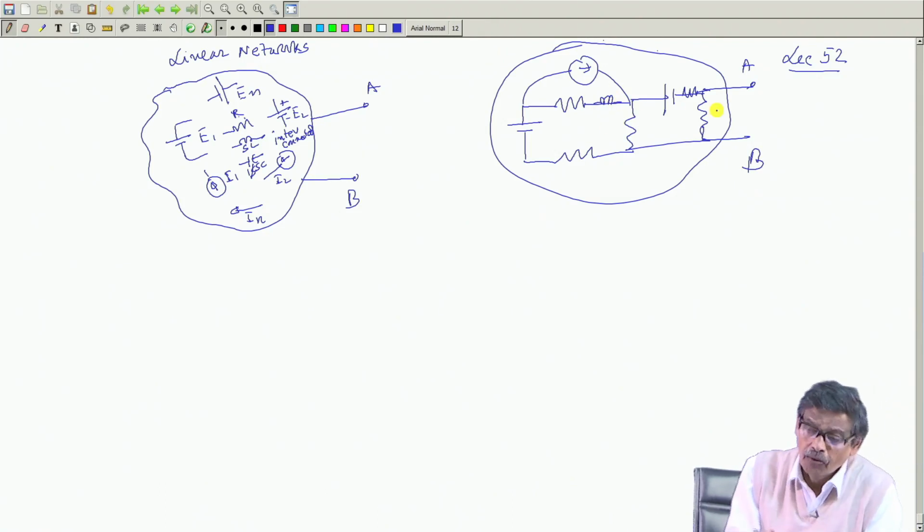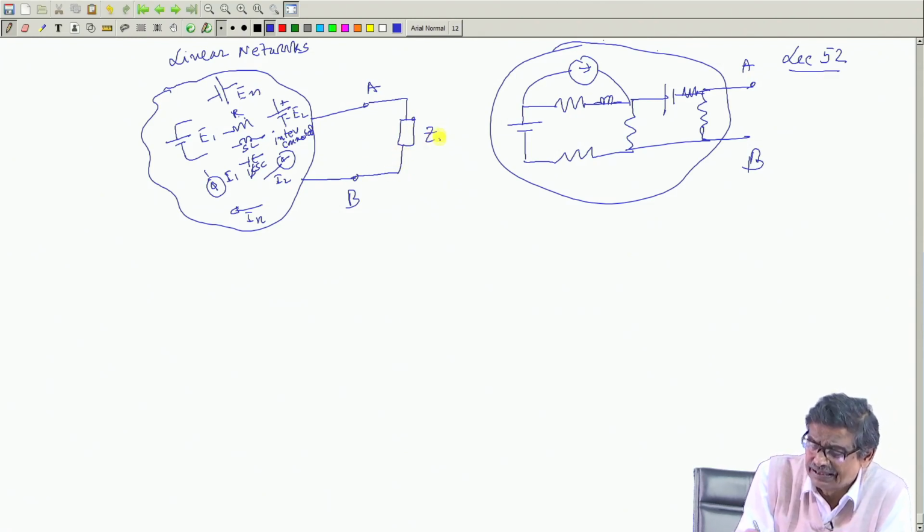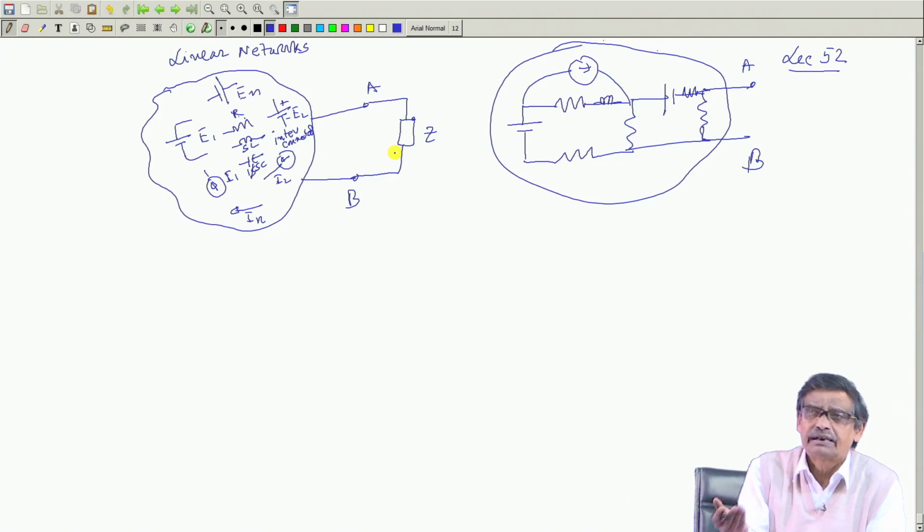Achha. Now, across A B an impedance is connected, Z S, or Z. I will simply write Z, I will not carry on writing S. In general, it will be Z S, all the voltages are V S, current sources are I S, like that.